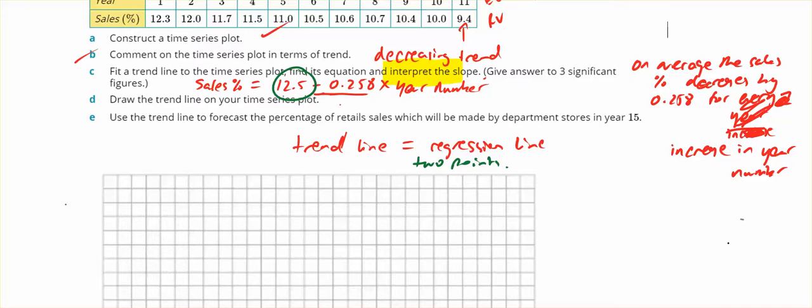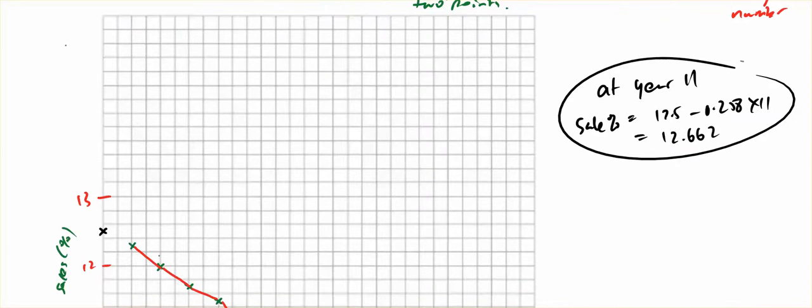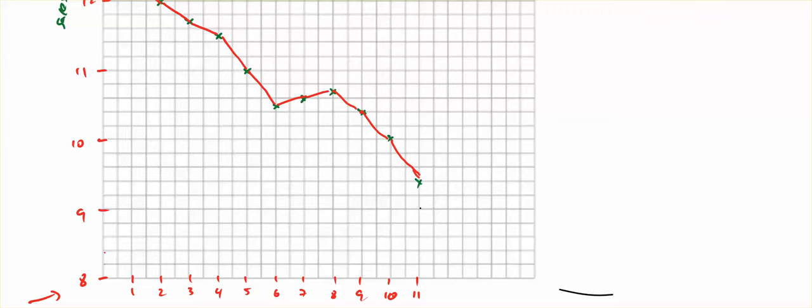So at year 11, sales percentage is 12.5 minus 0.258 times 11. So we're predicting at 11 we get 12.662. Okay, perfect. So at year 11, we're at 12.662.